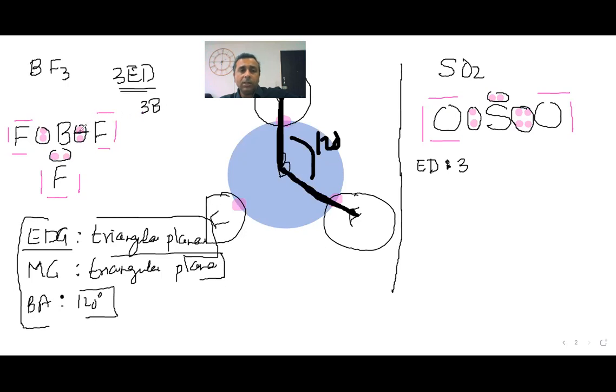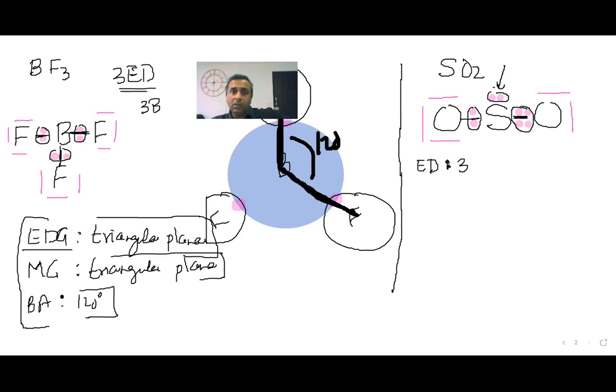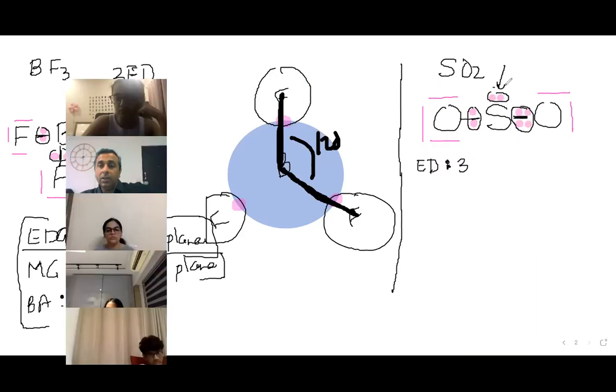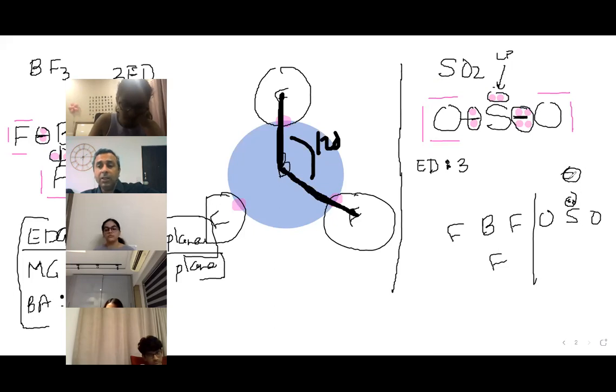Do you notice that? There is a bond between B and F, B and F, B and F. Here there is a bond between S and O, and S and O, but this one is not a bond. This is a lone pair of electrons. Understand that? Around boron there are 3 fluorines, 3 atoms around it. Around sulfur there are only 2 oxygens. The third electron domain does not have any atom.